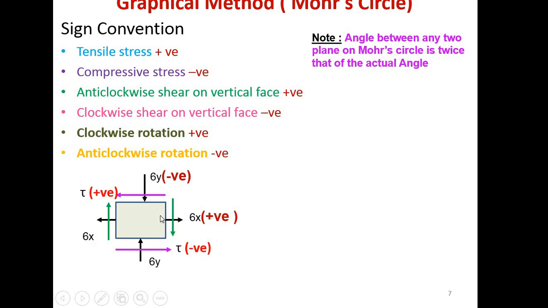Now for our problem, sigma x is positive according to sign convention, sigma y is negative, tau on a vertical face is clockwise, so tau is negative, but for the horizontal face tau is positive. So this vertical plane is the x plane and this horizontal plane is the y plane.